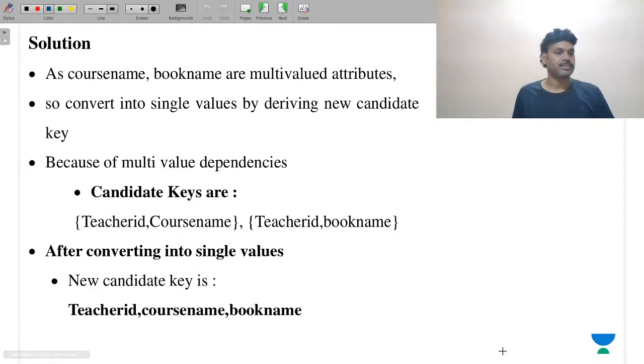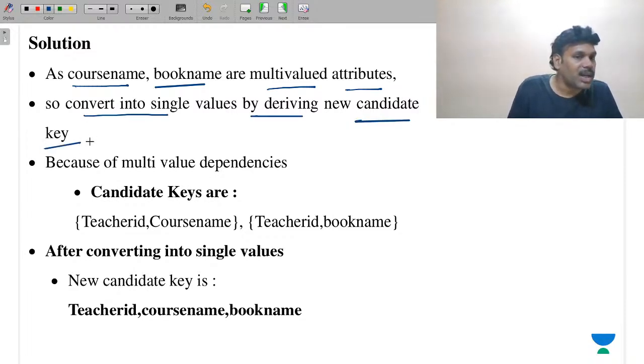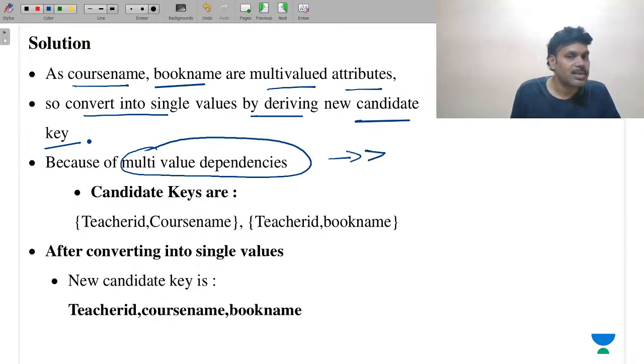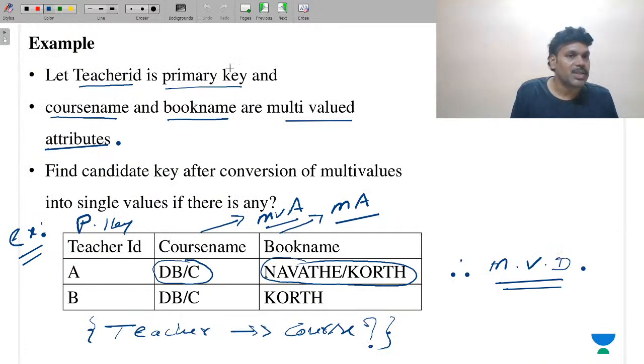Now observe. Course name and book name are multi-valued attributes. Therefore, convert them into single-valued attributes. When you convert them into single-valued attributes, there may be a chance of multi-valued dependencies like this. Then the solution is that you have to form a new candidate key. What is the new candidate key? Your old primary key, teacher ID, is going to form a candidate key with your multi-value attributes.